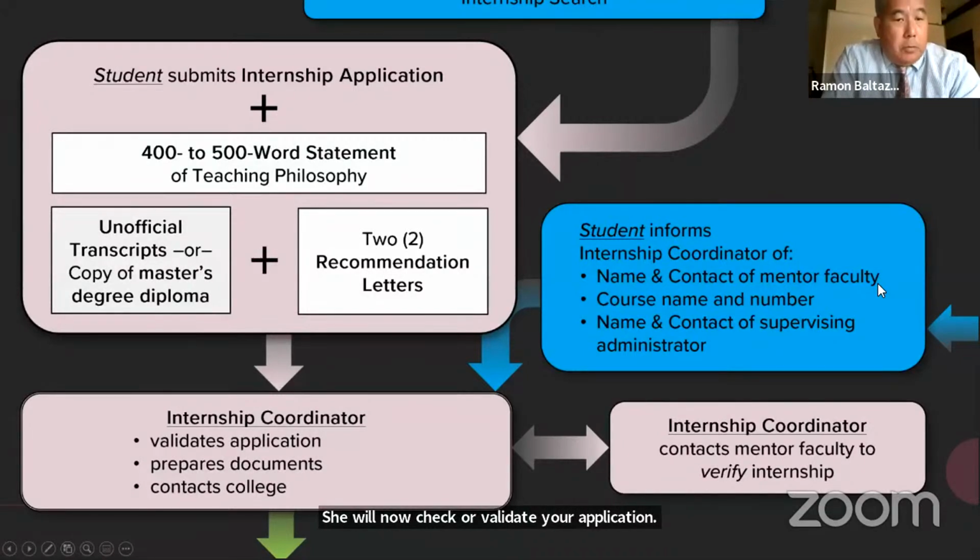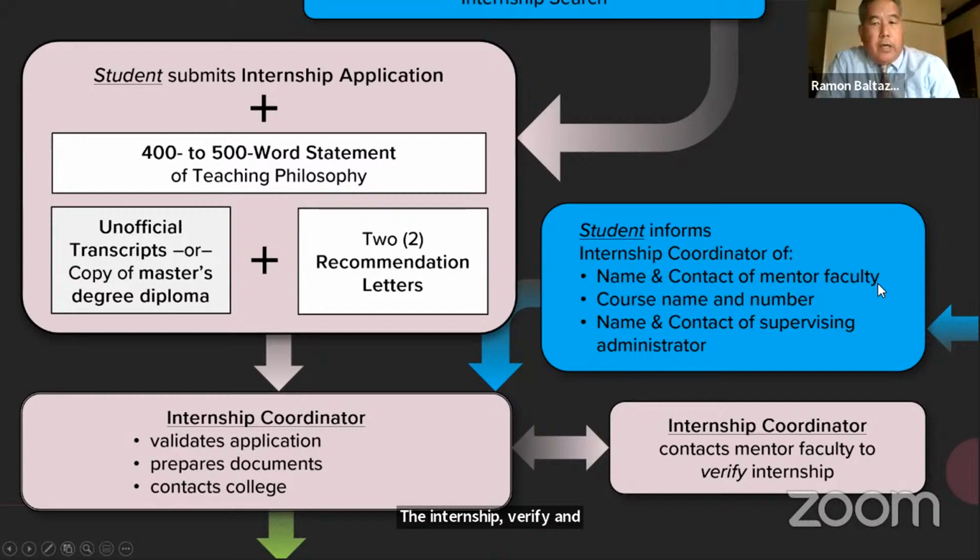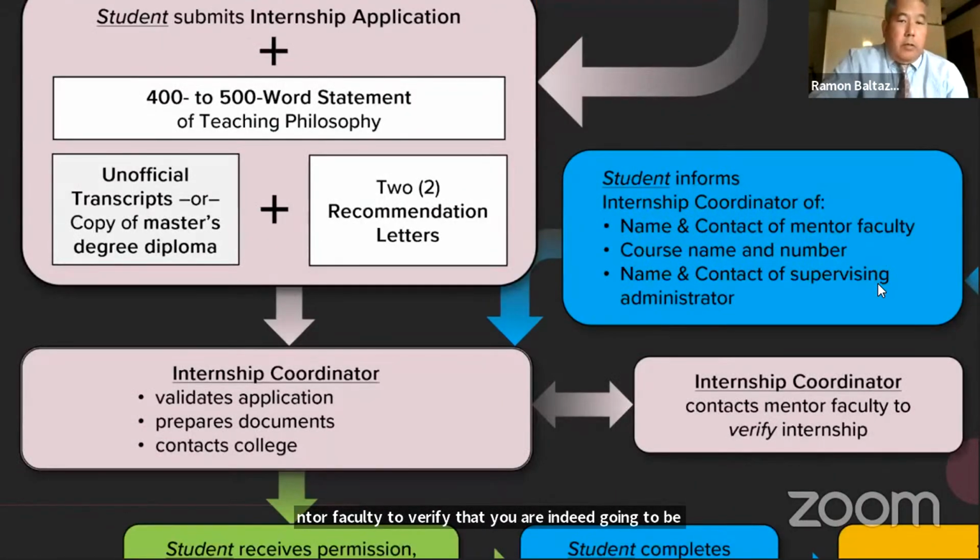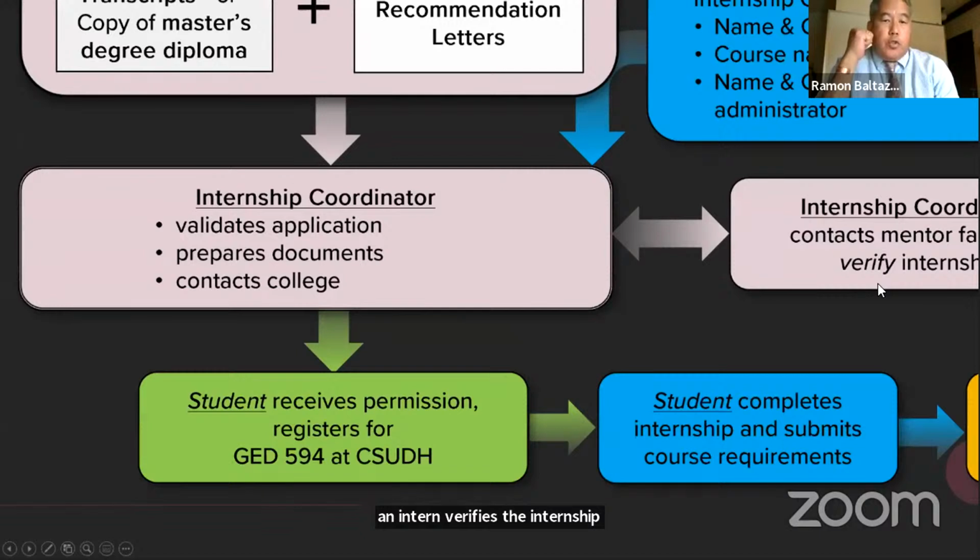She will prepare documents and contact the college of your choice where you will be doing an internship. The internship coordinator now will verify and communicate with the mentor faculty to verify that you are indeed going to be an intern, verifies the internship, and we'll move on to where the student now has permission.